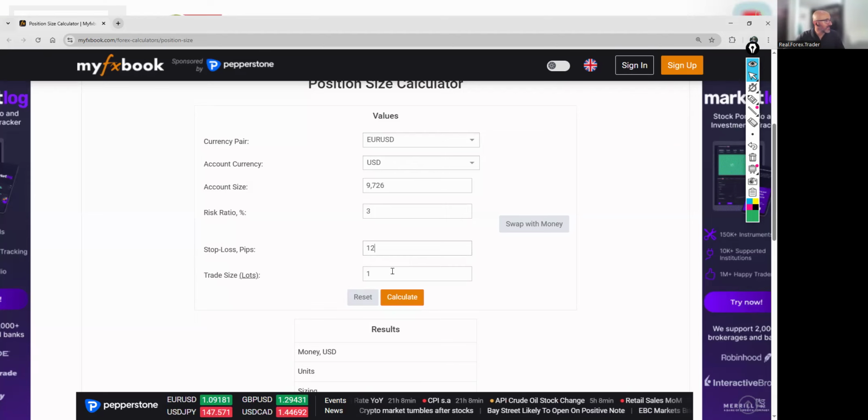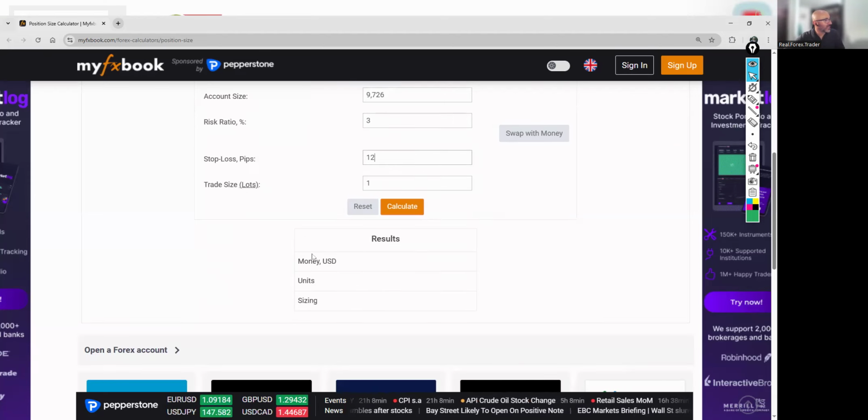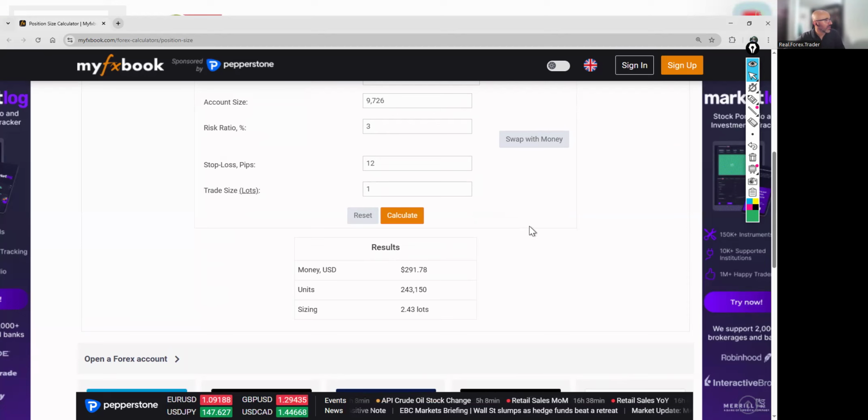And I'm going to calculate the size of my position. So let's calculate. Look at this. It's basically what we did with the calculator a few minutes ago. With that stop loss, I am risking $291.